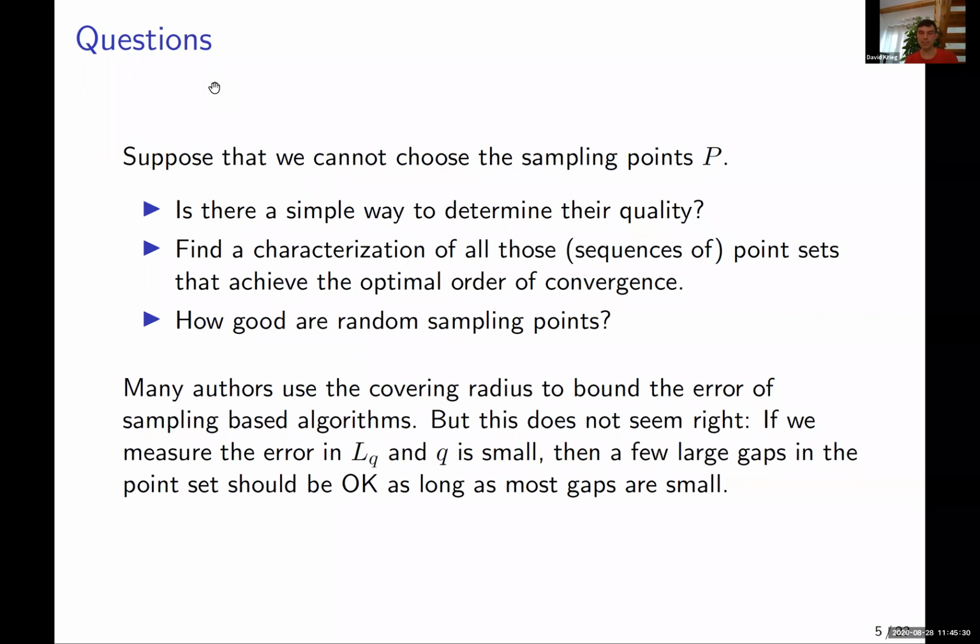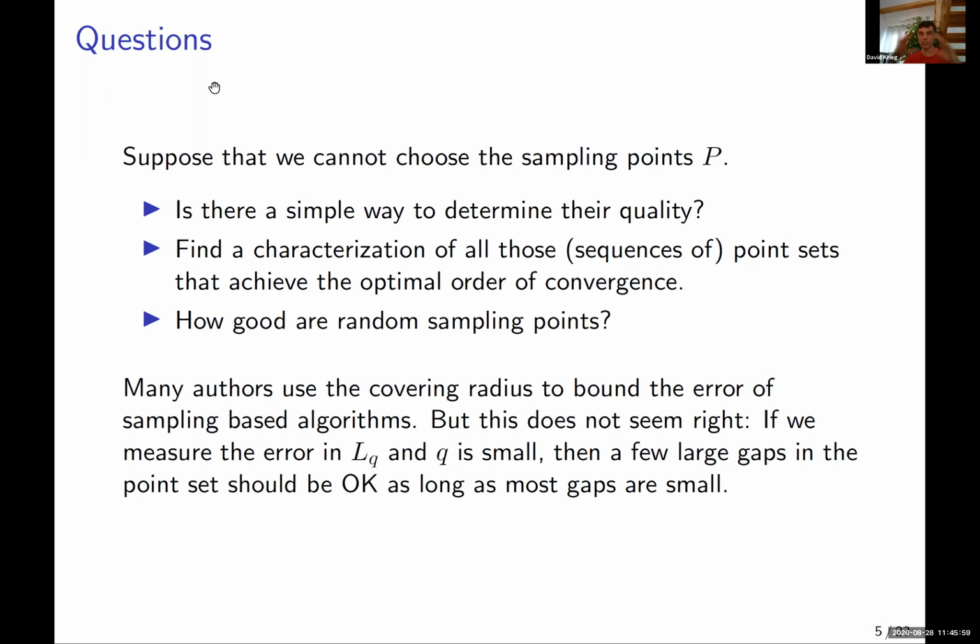But somehow this does seem a little too strong, a little too restrictive, because maybe you can imagine if we want to approximate the function in Lq for some small q, so maybe in L1, then it should be okay if in the point set there are few gaps which are larger than n to the -1/d, as long as most of the gaps are small.